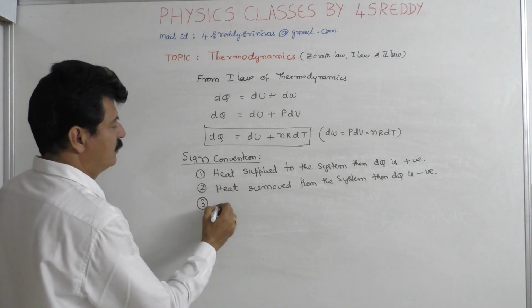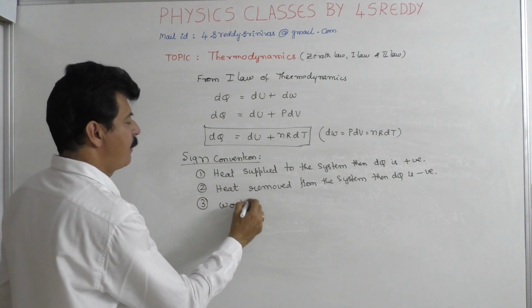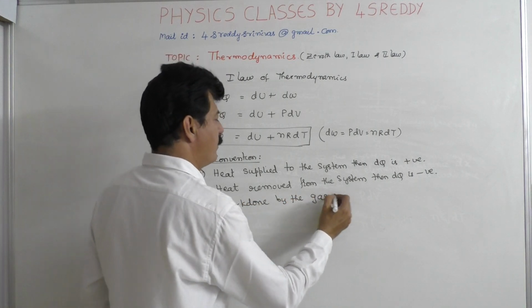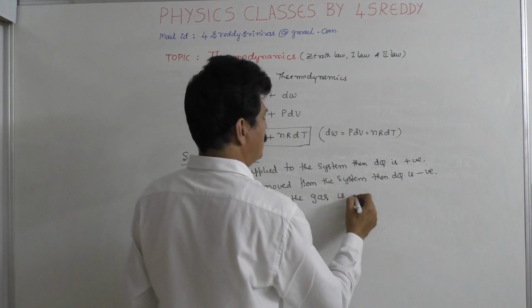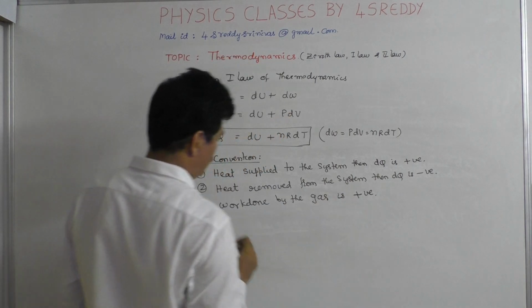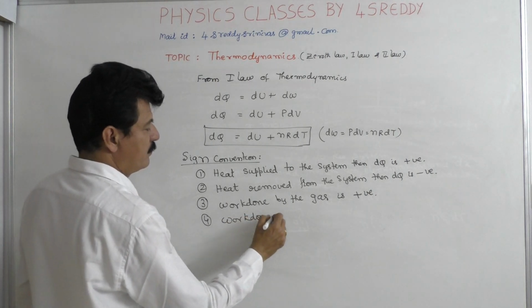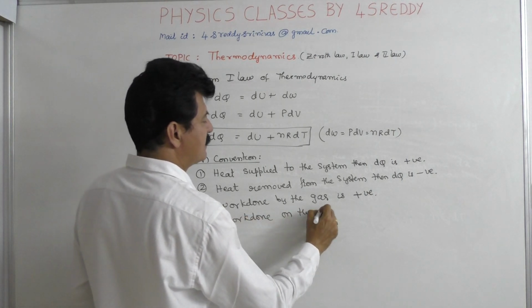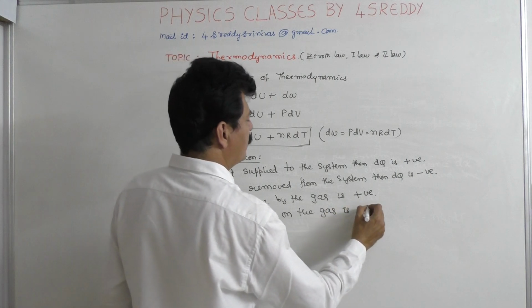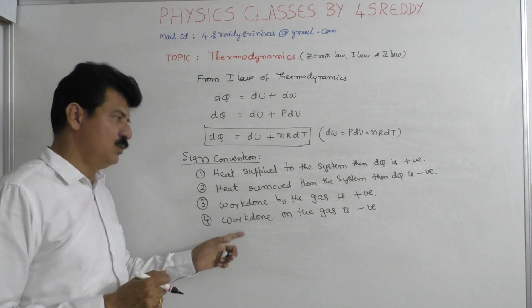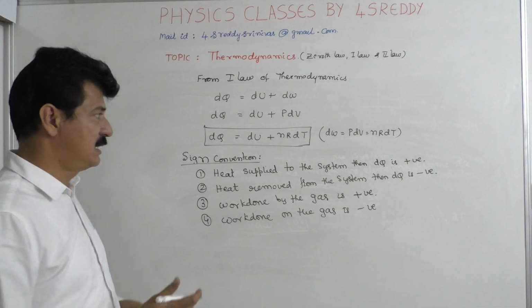And third one, work done by the gas is positive. Next one, work done on the gas is negative, or work done by the gas means during the expansion, and work done on the gas during the compression, like that also we can say.